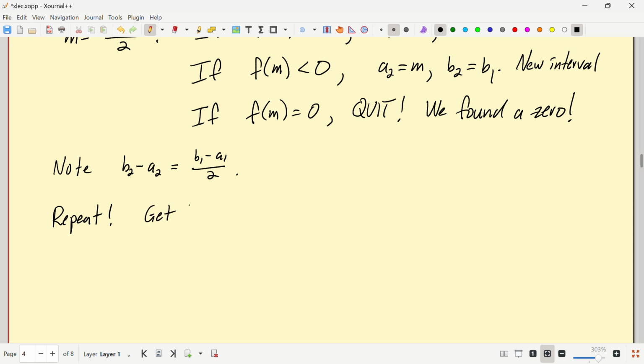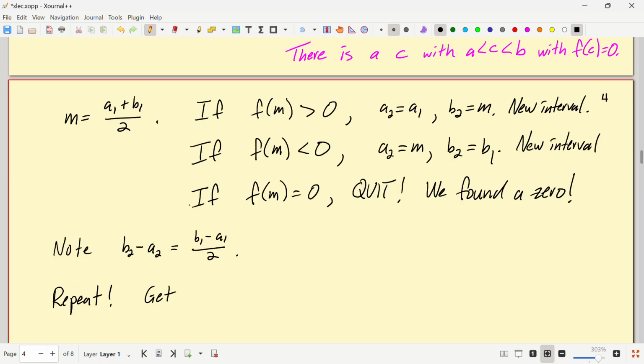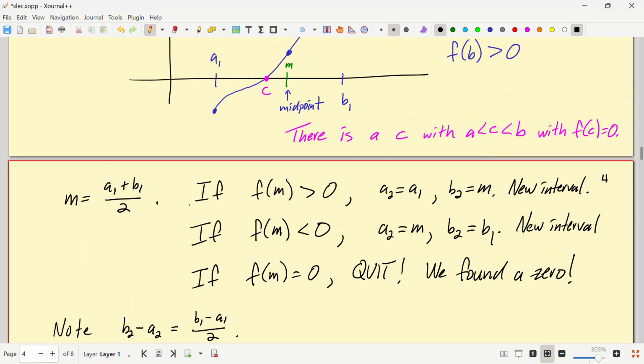So let's see in my picture above. Next time I repeat it, the next midpoint would be right here. Then the two left ones would be, so I guess I can call the green one the first time I do it, and the orange one the second time I do it. And then my next interval would be actually the one between the two midpoints.